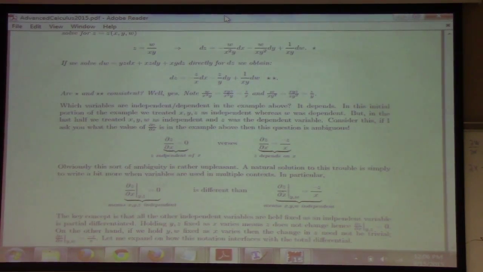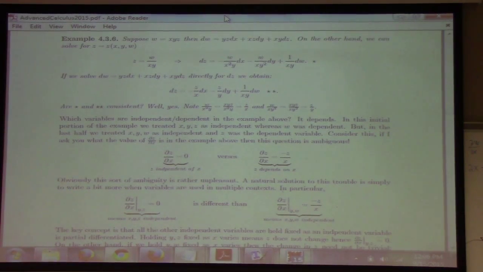Why would you take the partial with respect to a variable of an independent variable, though? We do it all the time. Is it always zero? It is, but that's the bread and butter of Calculus 3. I ask people to differentiate this, and you're like, oh, okay, so it's 2xy. Game over.